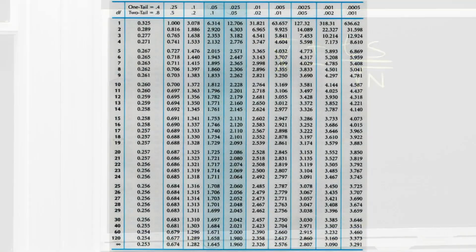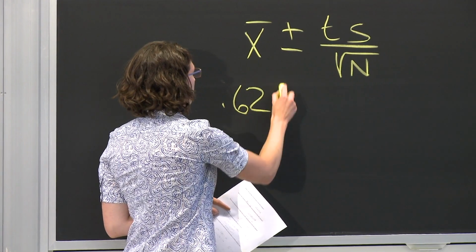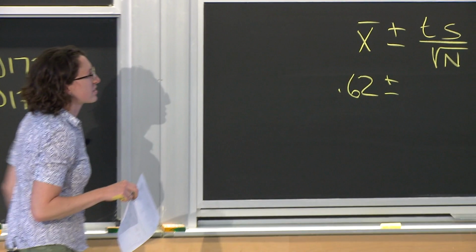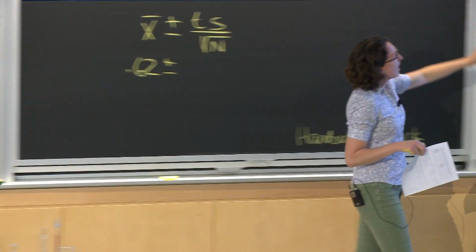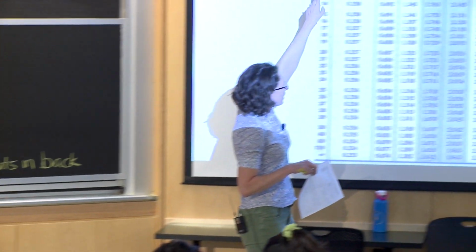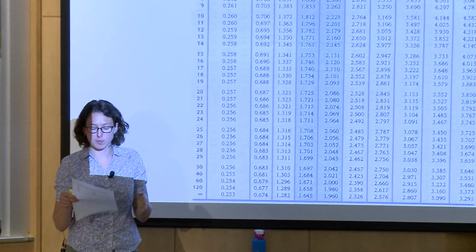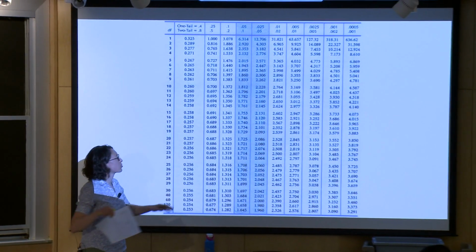To do that, we're going to need some sort of t-table, which gives you the t-statistics. Our average of the mean was 0.62 plus or minus. So the t-value, if we have 4 measurements, then our degrees of freedom is going to be 3, so n minus 1. And then we want to use a two-tailed t-test because we don't know which way our measurement is going to vary. The two-tail means that it could be higher or lower than the actual mean.